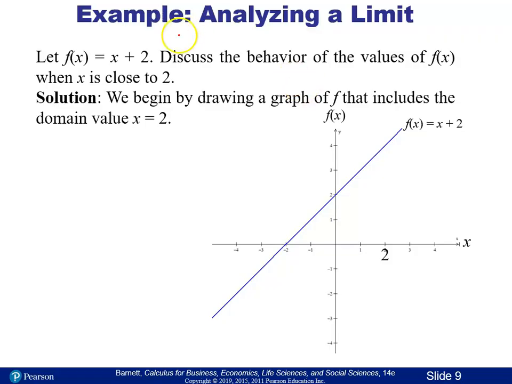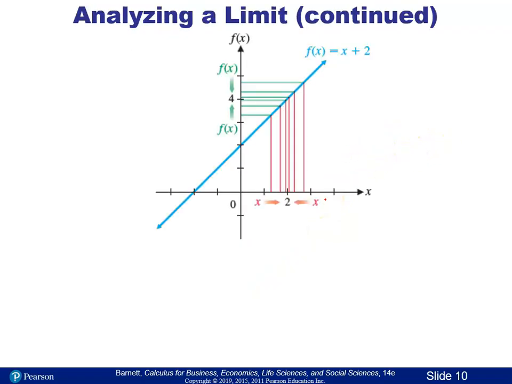Okay, so if we looked at the function f of x equals x plus 2, that's just a line with a y-intercept of 2 and a slope of 1. And you can see that it's graphed here. If I'm looking at the limit as x approaches 2 of the function x plus 2, then these x values are going to get closer and closer to 2.